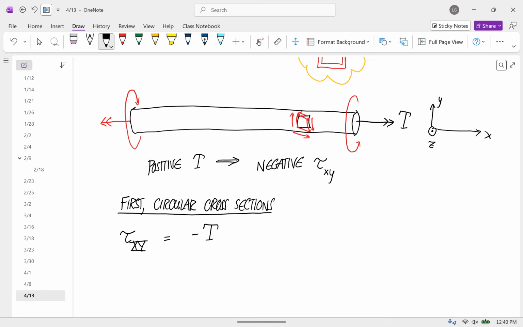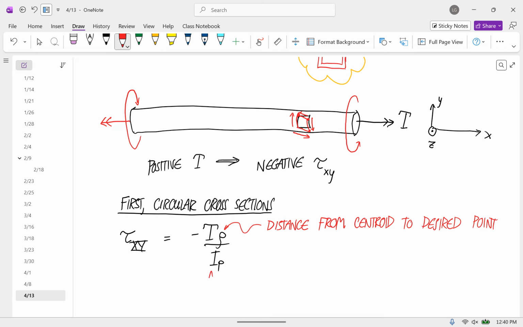So this rho is the distance from the centroid to the desired point. And this I sub p is called the polar moment of inertia. It's like a resistance to twisting.